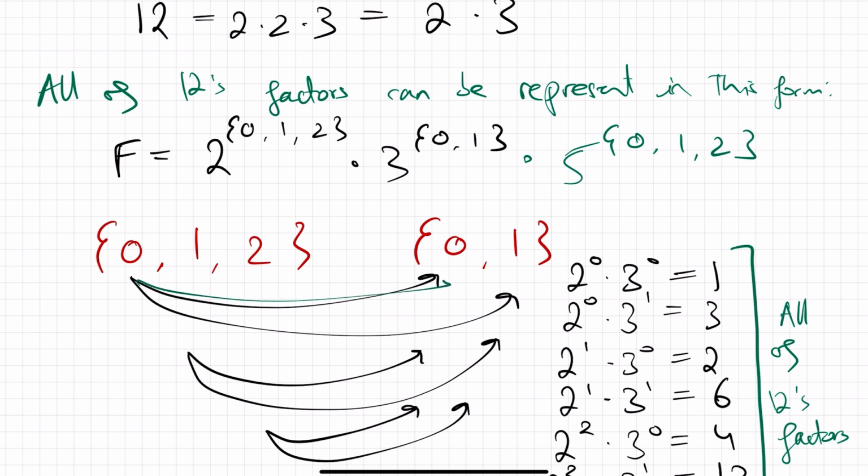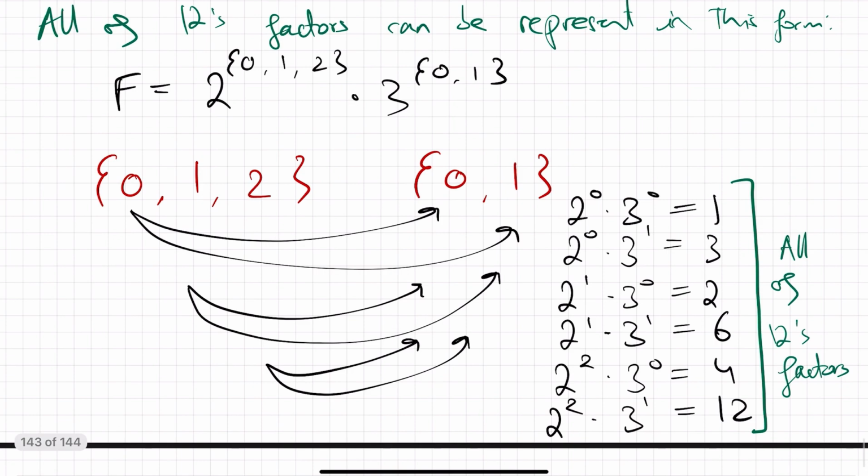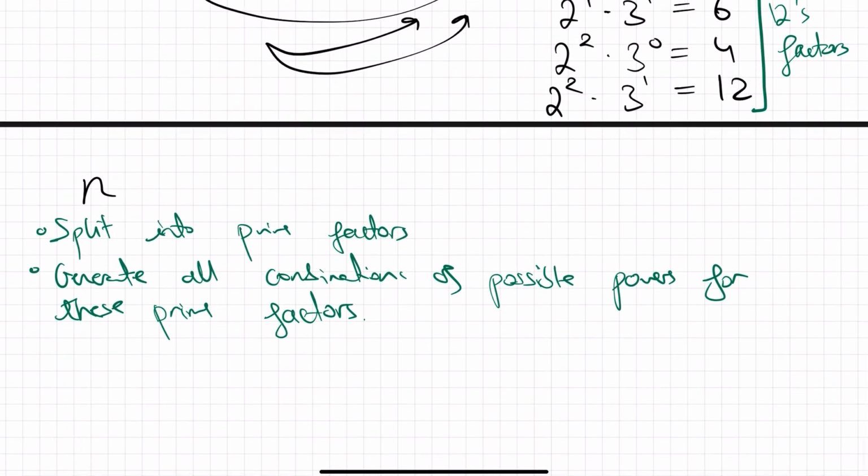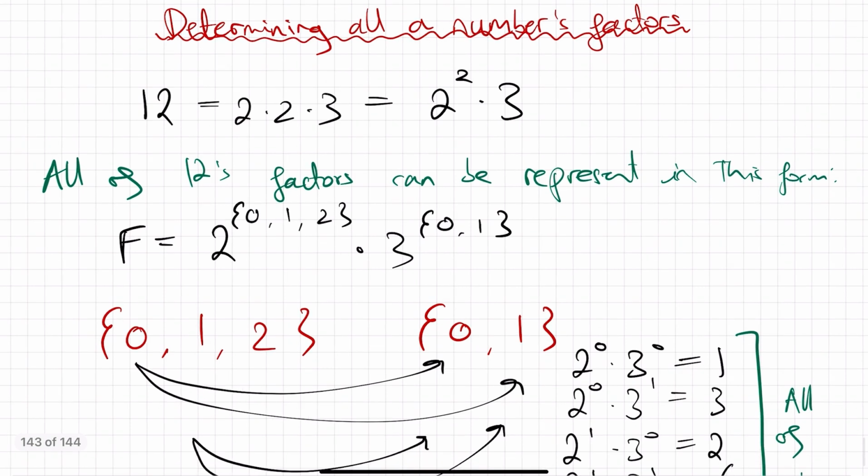So if we had this 0, 0 pair, that could also go to 0, 1, or 2 from 5. So yeah, it gets bigger very fast. The number of factors gets bigger very fast as the number of prime factors increases. But yeah, that was the basic process for determining all of the factors of a certain number.